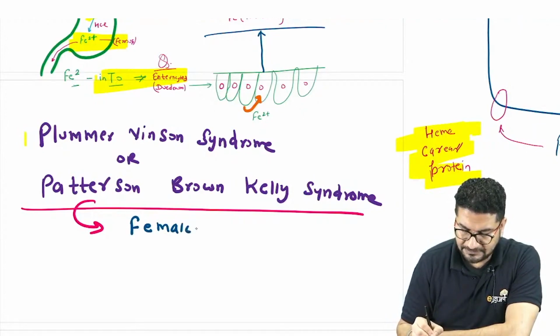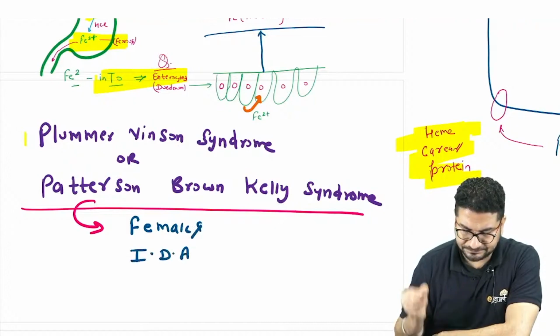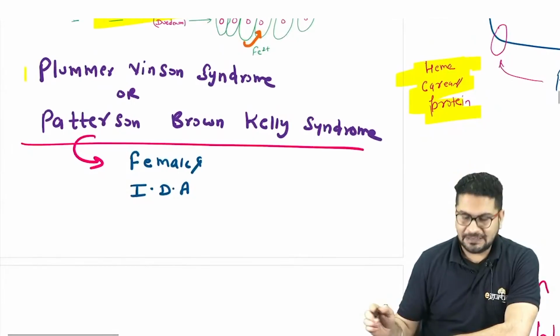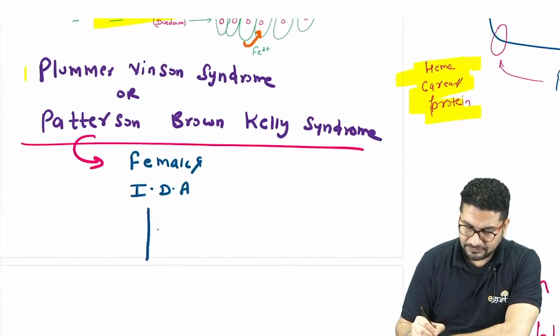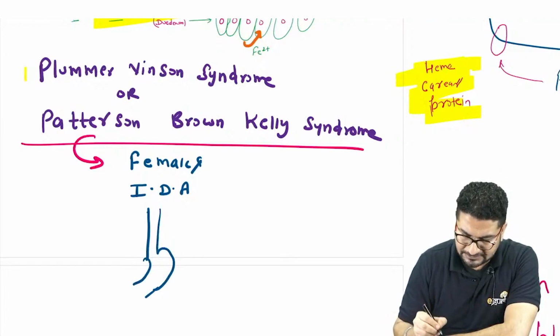These females usually have iron deficiency anemia, IDA. In their esophagus, these females are having web-like constrictions. We call them esophageal web.